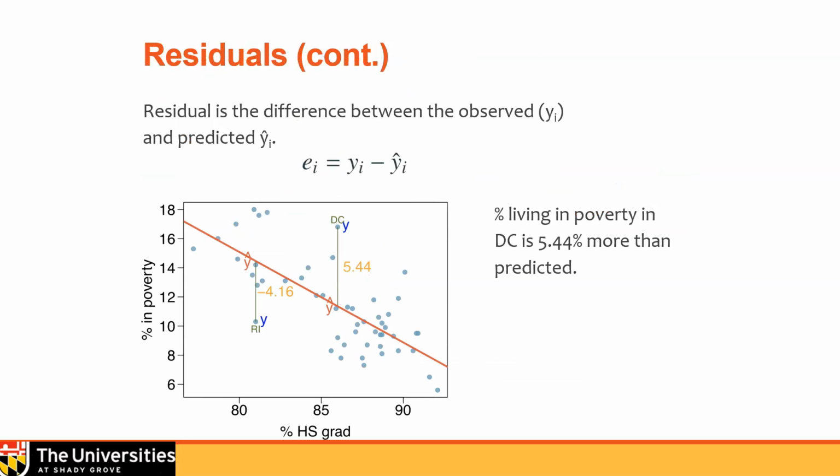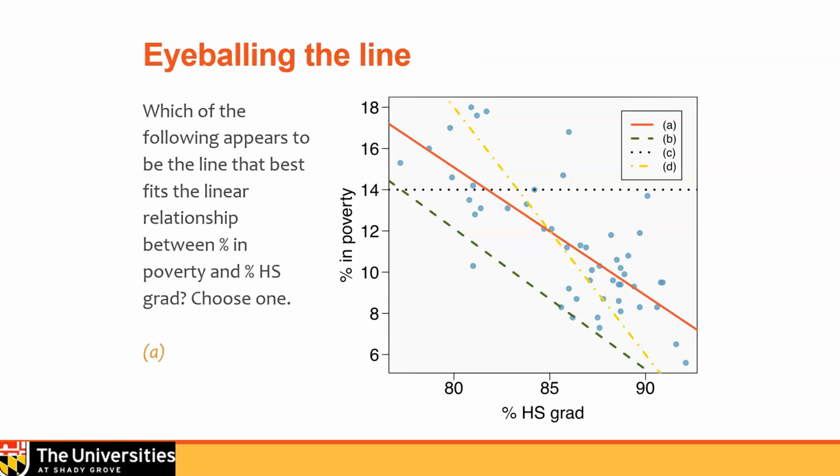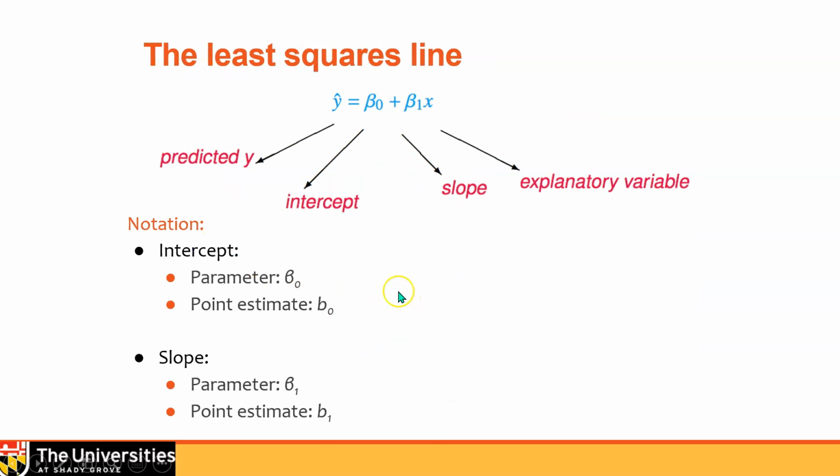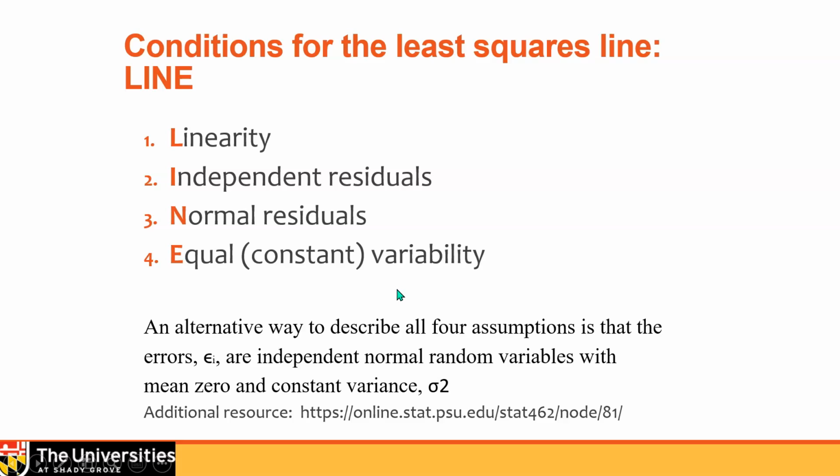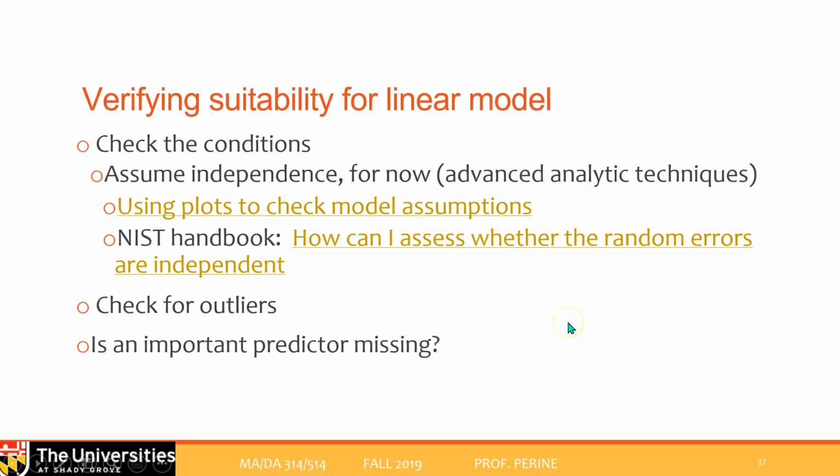Let me go back to a prior slide where we were talking about some of the things that we look at when we're looking at the suitability of a linear model. So far we've talked about checking the conditions, which is our residual analysis, and we've also talked about R squared.